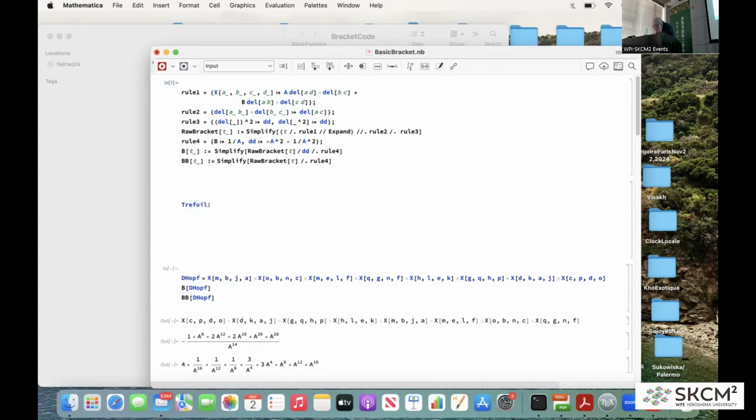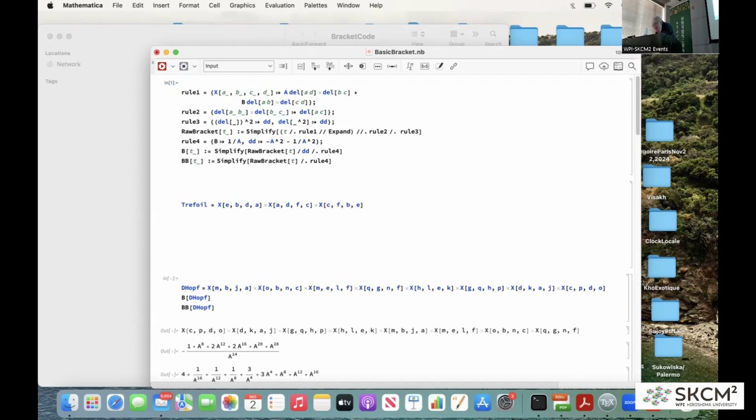Graph file equals X bracket, X bracket, X bracket, and then our codings were EBDA, ADFC, CFB, and we would like the raw bracket.